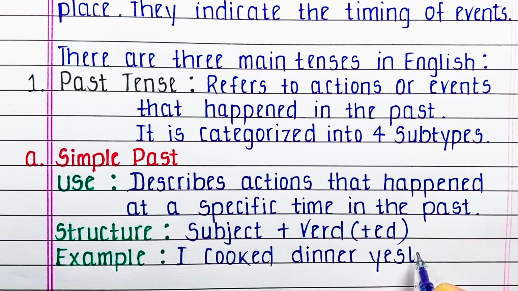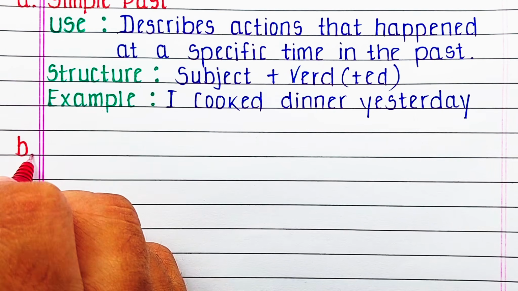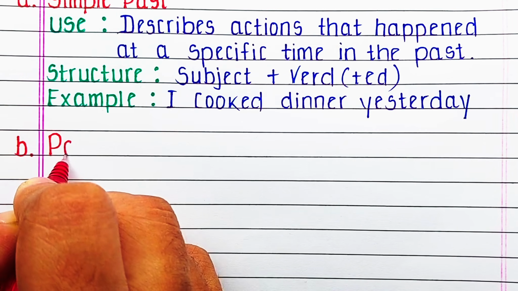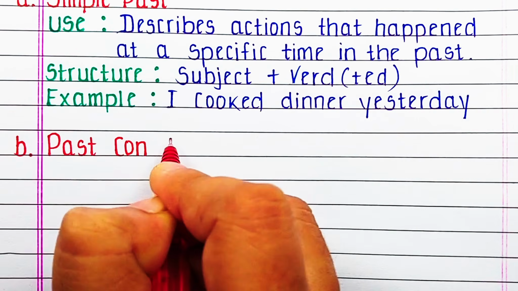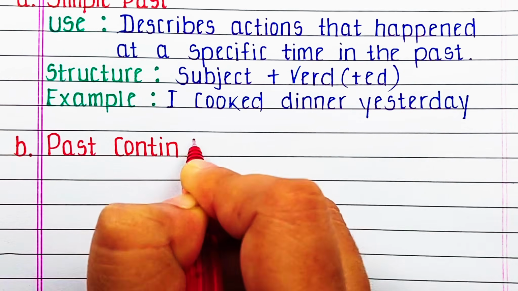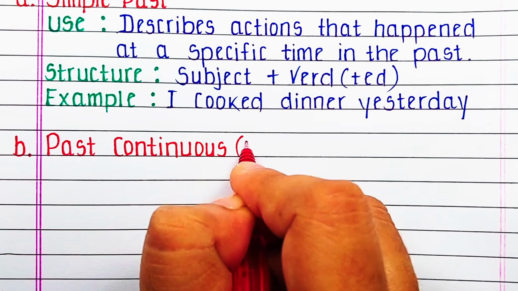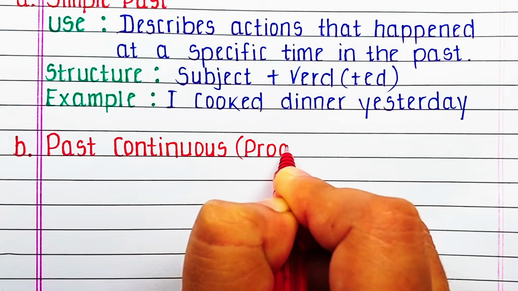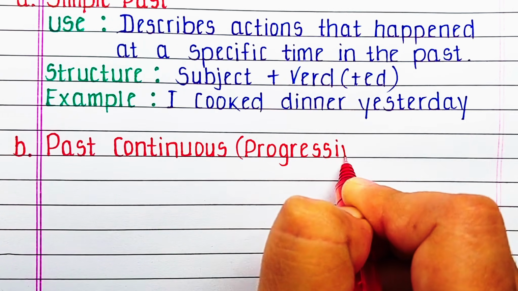Example, I cooked dinner yesterday. Next is past continuous, that is progressive.